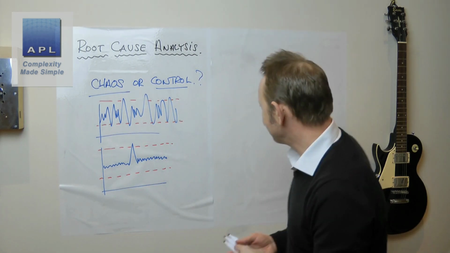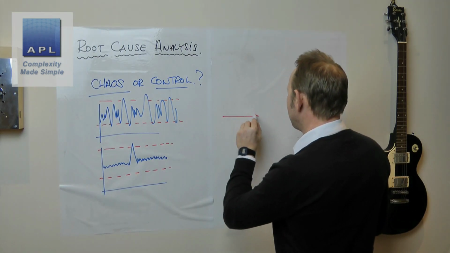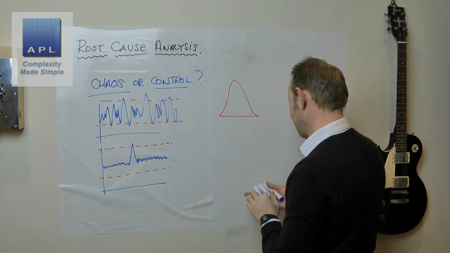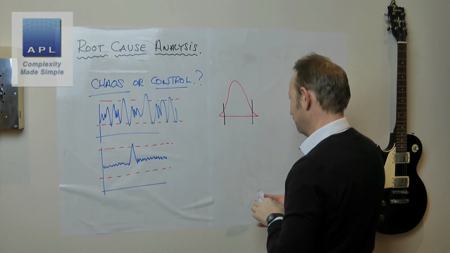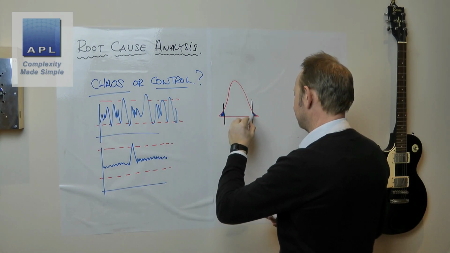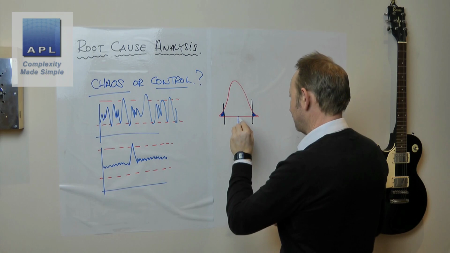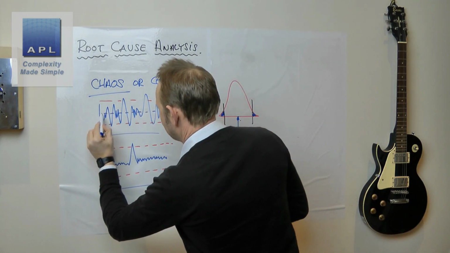Another way to look at it is if we look at it as a capability Cpk diagram. This diagram here looks like this. You see, I'm on target. Put a middle on here.